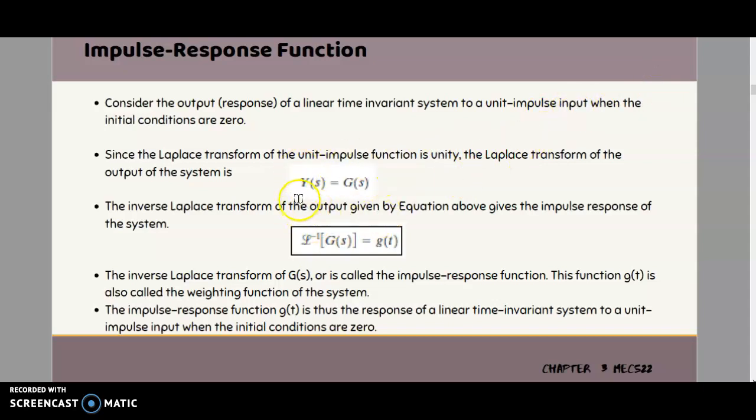That's why you get Y equals G(s), because x equals 1. From this equation you take the inverse of G(s) to get g(t), which we call the weighting function of the system.